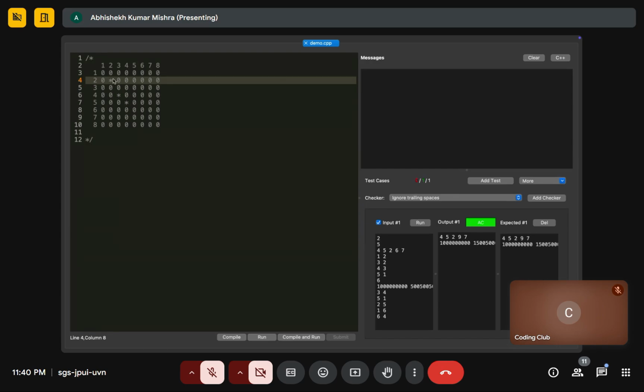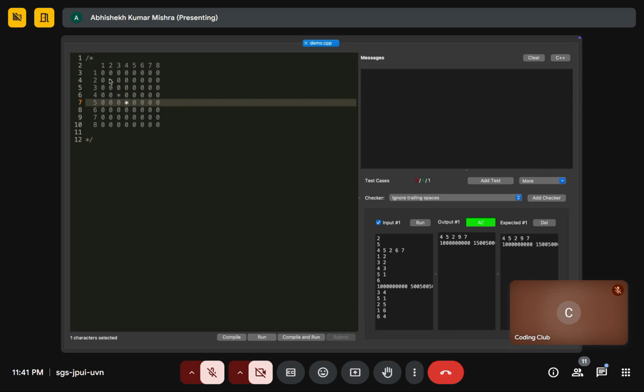In 16 cells, we have only two monsters, so we can keep the extra monster inside one of these cells. So this could be our answer. In the first case our cell count was 4, in the second case it was 16, and now in the third case I will leave this monster out and enclose these two monsters.